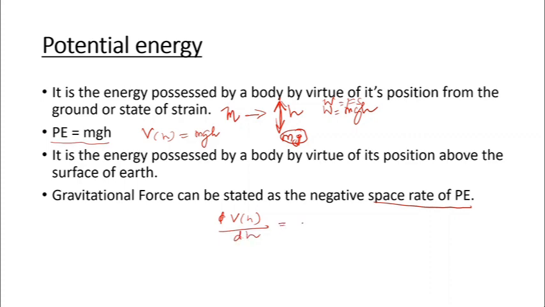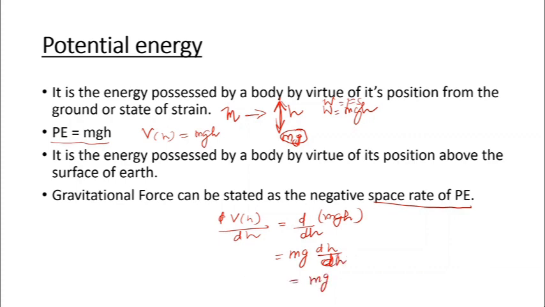So what will we do? This is d by dh of mgh. So when we do this, mg is a constant, so we take it out, and dh by dh is 1. So this is nothing but mg.